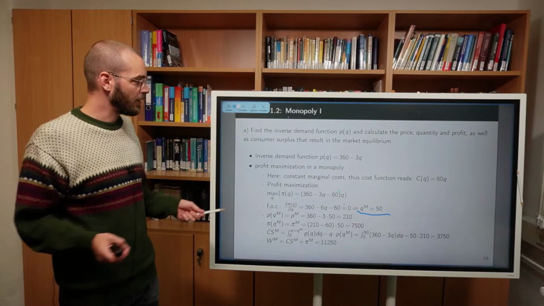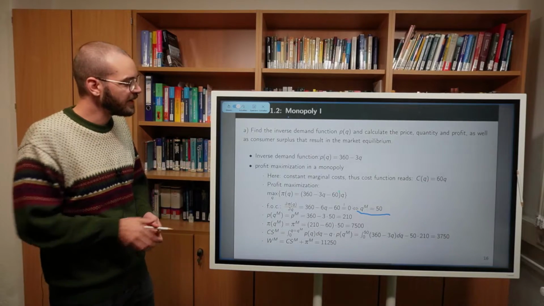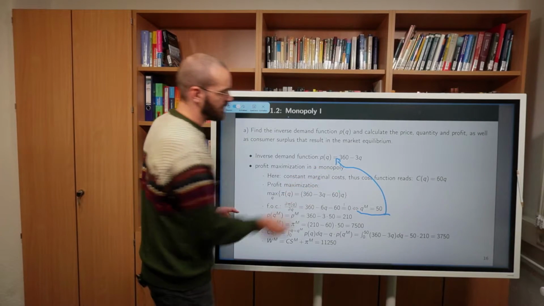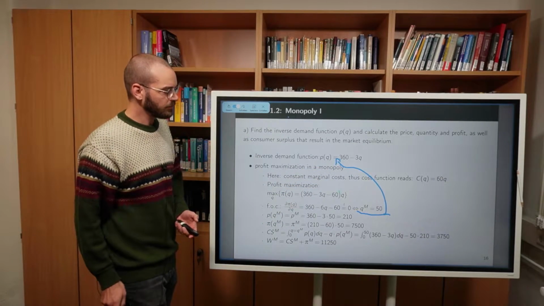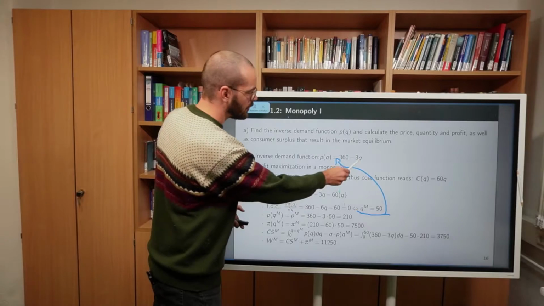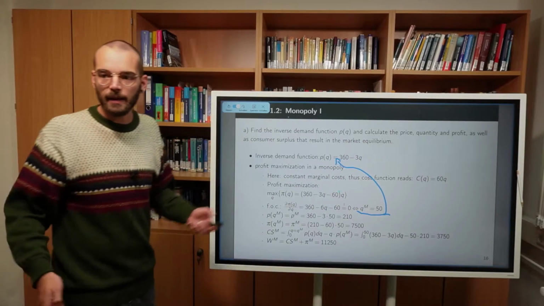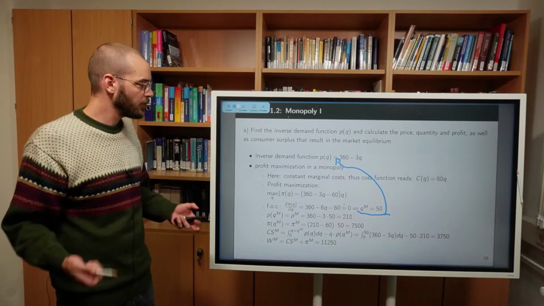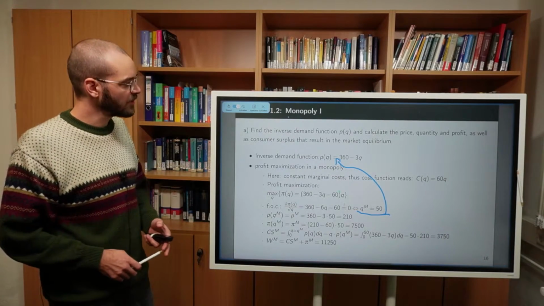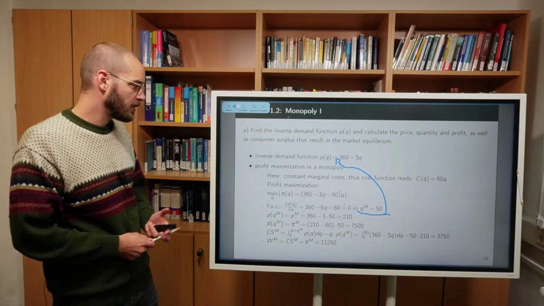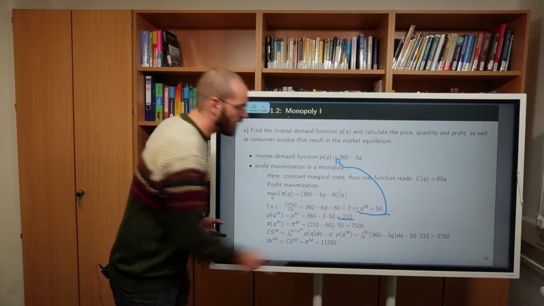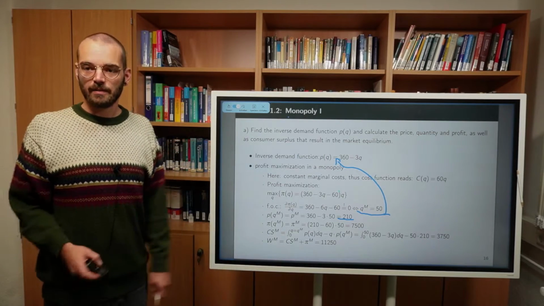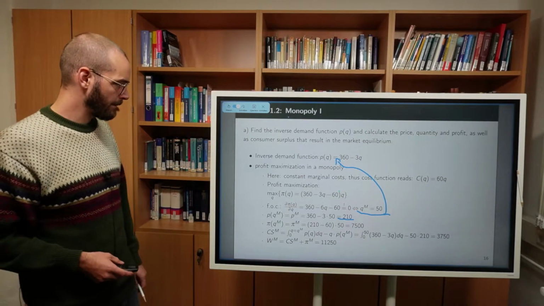We can find out the price simply by plugging this quantity into the demand function, right? So we simply substitute Q for QM, the profit maximizing quantity, and we get 360 minus 3 times 50, which of course equals 210. So now we know that the profit maximizing price in the market is 210.